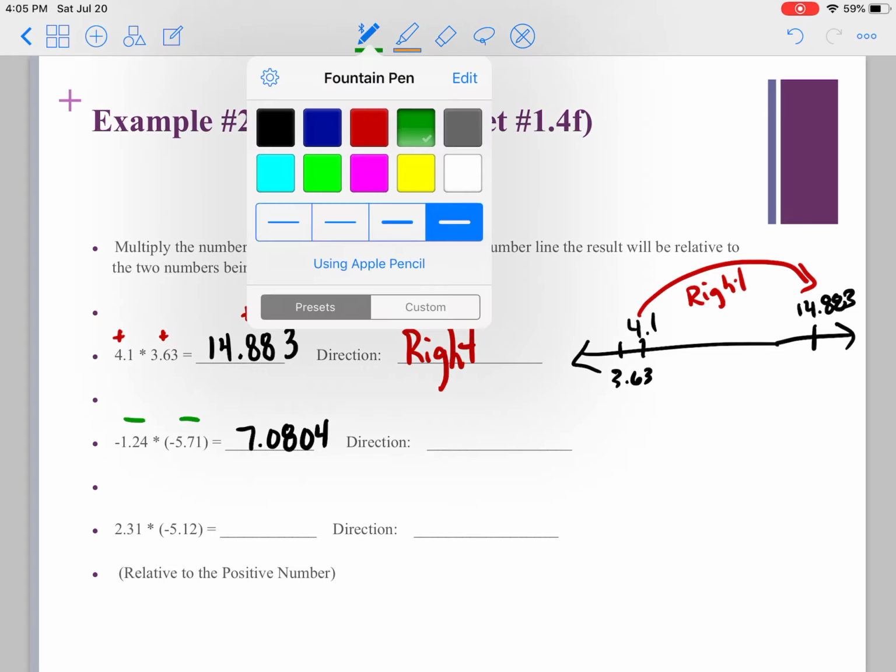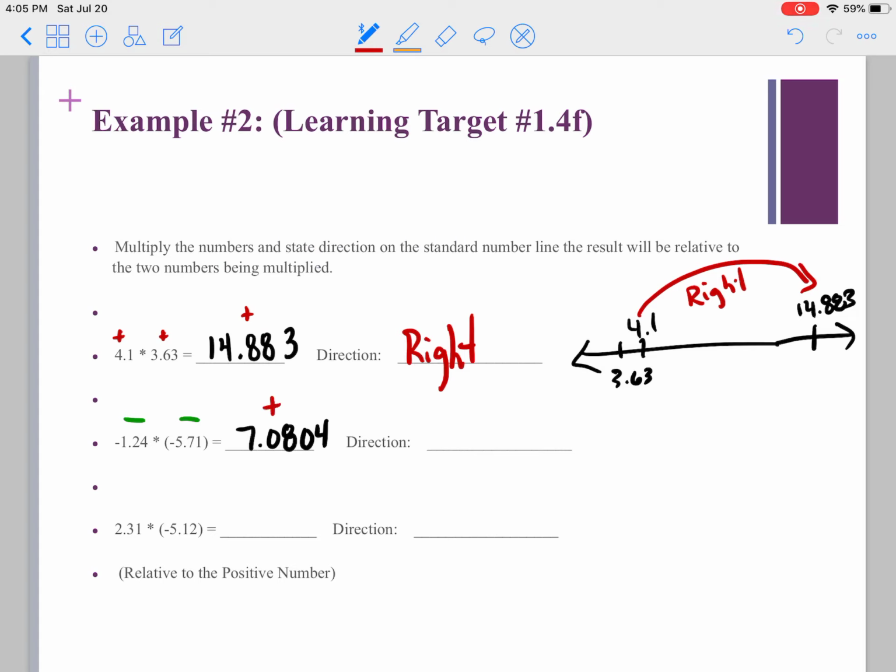It's that two of the same signs results in a positive. Remember, same signs have a positive result, a positive product. And when we look at where 7.0804 is in relation to the two numbers being multiplied, we have once again moved to the right.